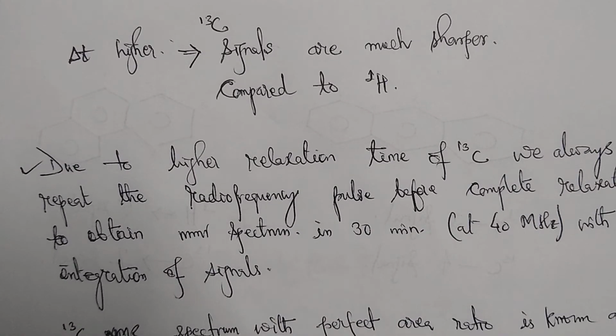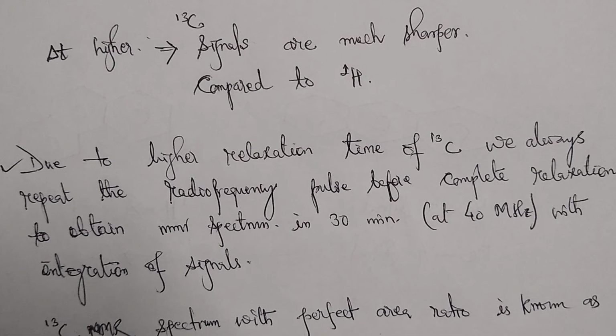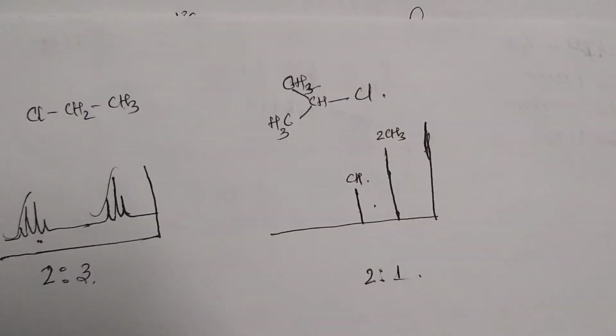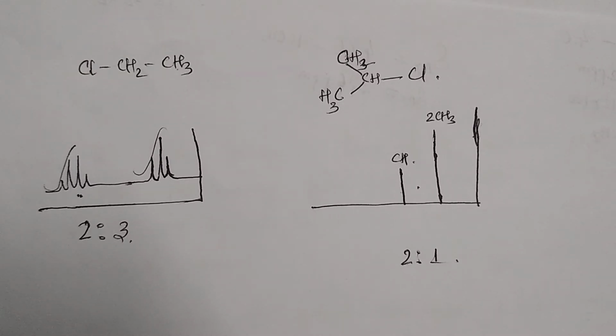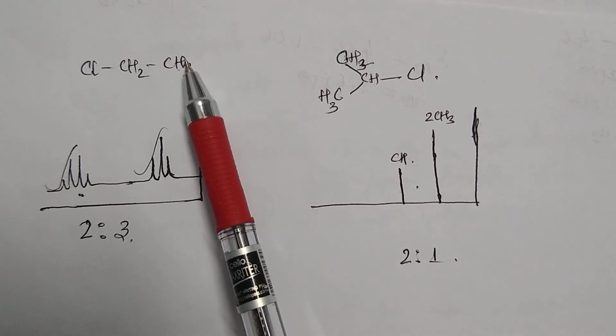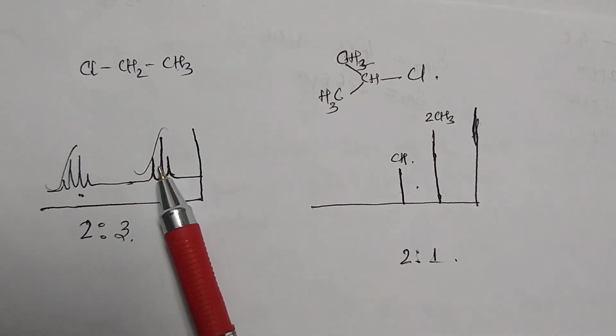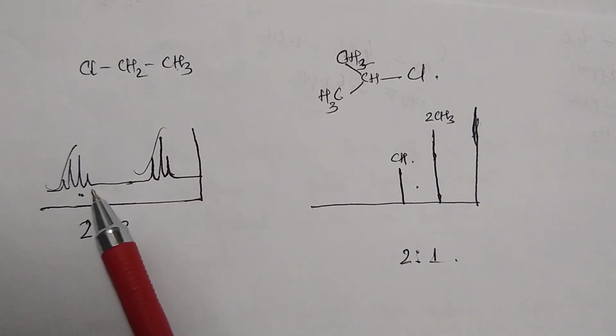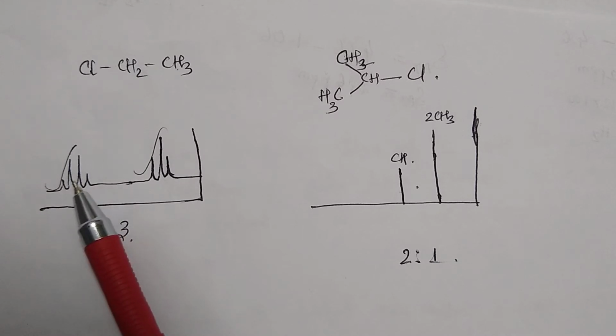We can understand this by taking the help of a simple example, this molecule we have already seen in proton NMR, where we have Cl, CH2, CH3. These 3 protons will give a triplet signal, and these 2 protons will give a quartet signal.